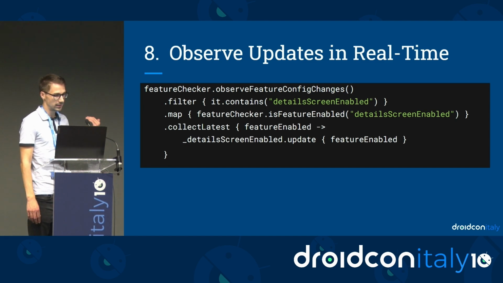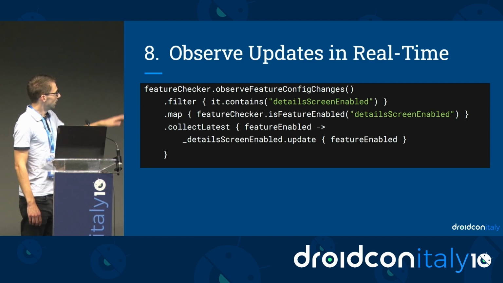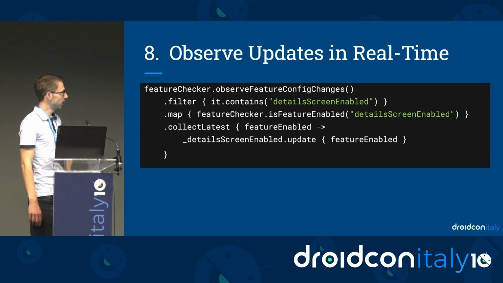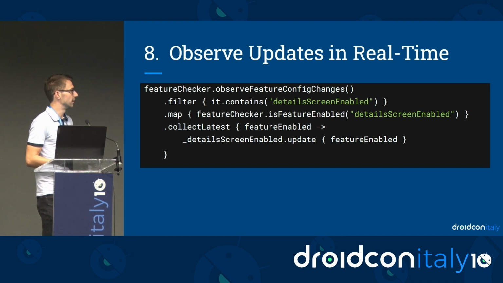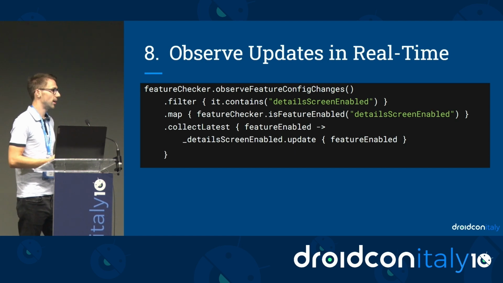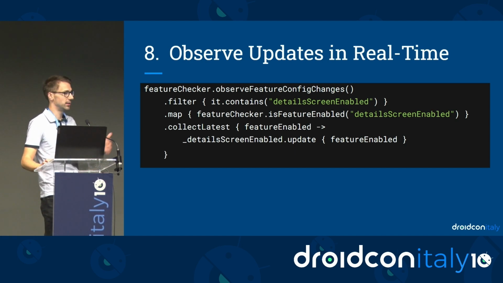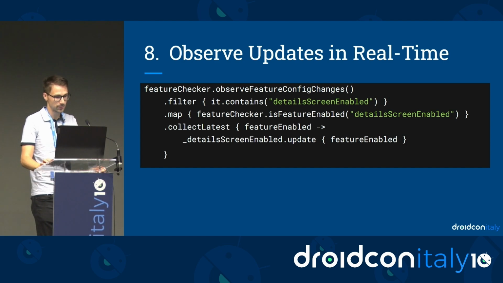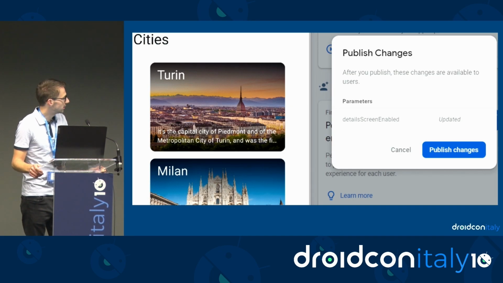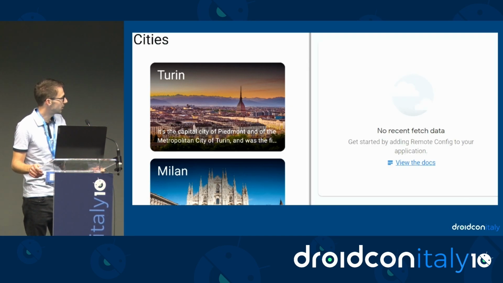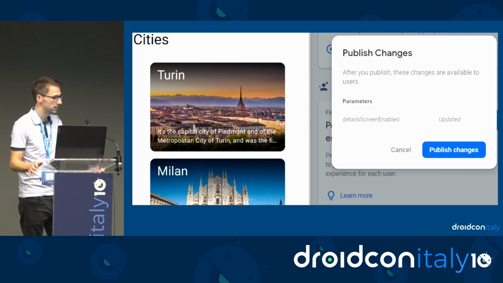Inside the view model, you could observe the config changes, and if your feature flag changed, then you can emit the update to the UI and update it. Or in case of a kill switch, you can disable some logic. How this looks in practice is that immediately as we publish changes, the UI updates.